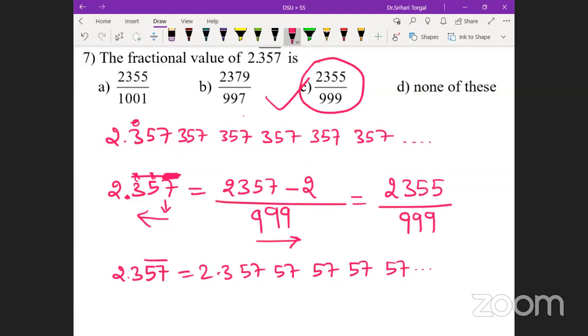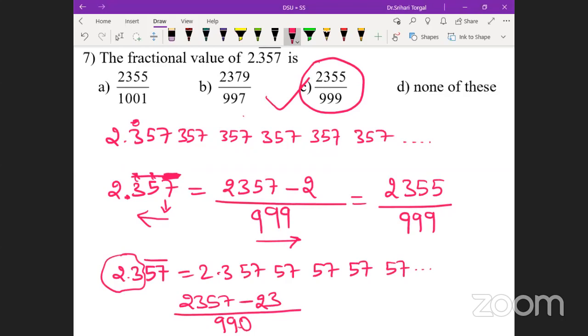If 57 is repeating, write down 2357 directly, minus the two numbers which are free from bar, that is 23, divided by: 7 has a bar so 9, 5 has a bar so 9, 3 has no bar, so you need to write 0 there.